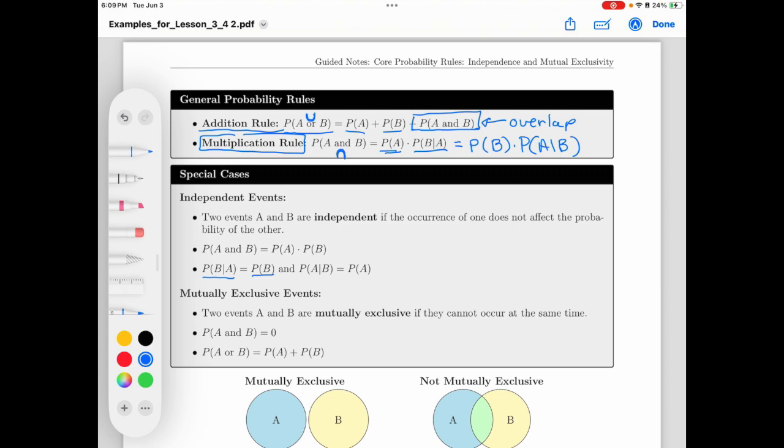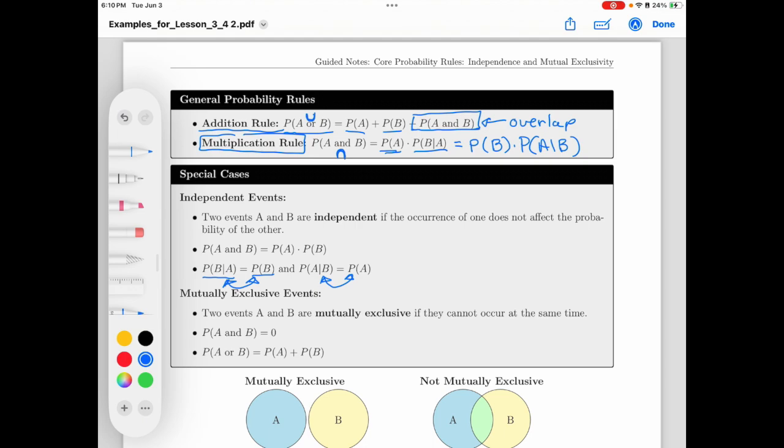So if I have the probability of B given the assumption that event A has happened, because they're independent, it doesn't matter if event A has happened or not, these two probabilities are going to be the same. And it works if we switch the letters as well. If A and B are independent, it doesn't matter if we make the assumption that B is true, the probability of A is going to be the same no matter what.